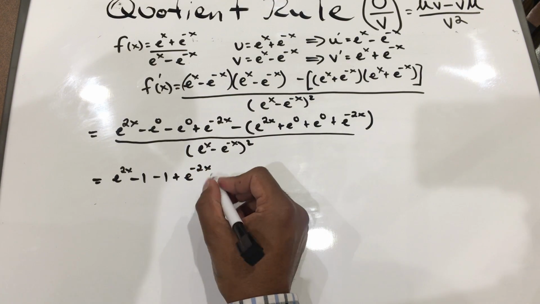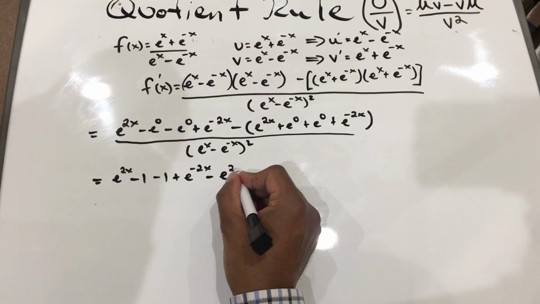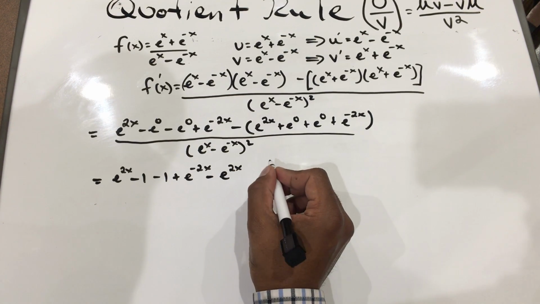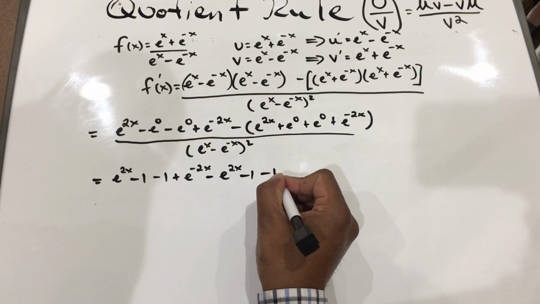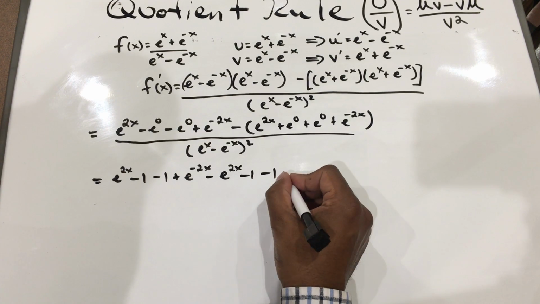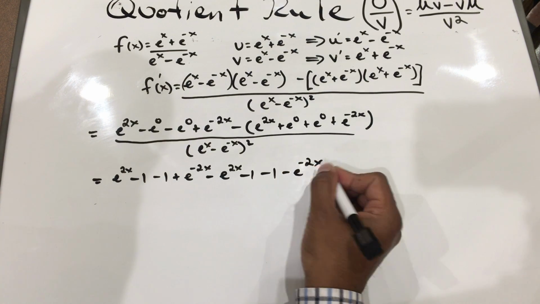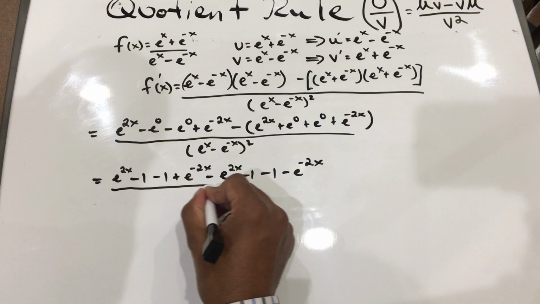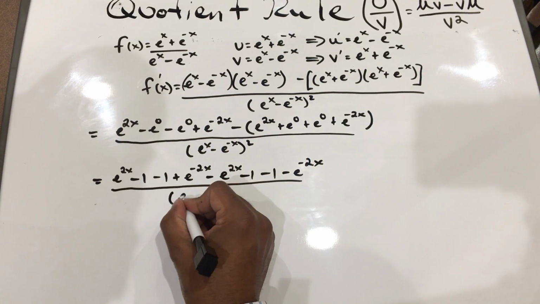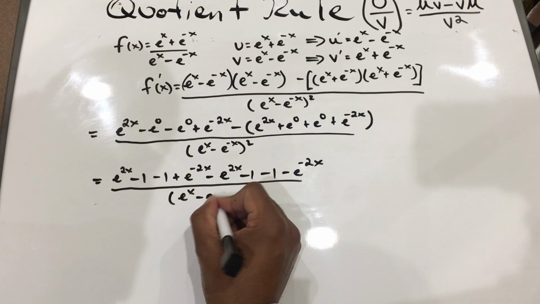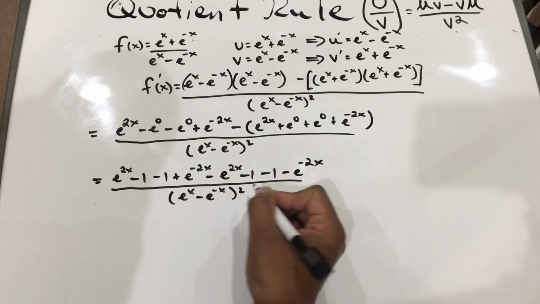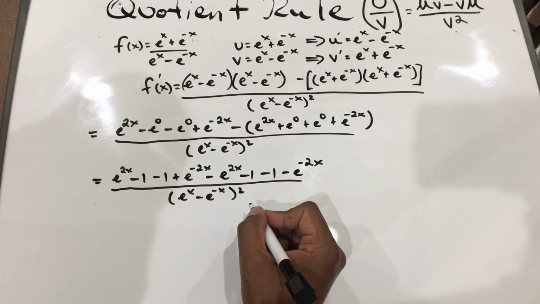Now let's just go ahead and distribute this. So minus e to the 2x minus 1 minus e to the minus 2x divided by e to the x minus e to the minus x squared. Let's simplify a little bit more if we can.